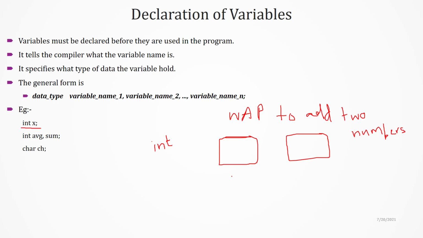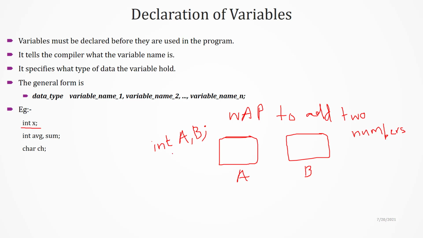So first thing is I am going to give two names for two numbers. Imagine first one is A, second one is B. So I will write int A, B; with a semicolon.